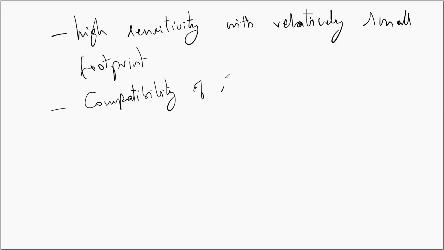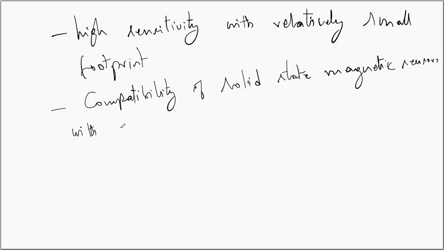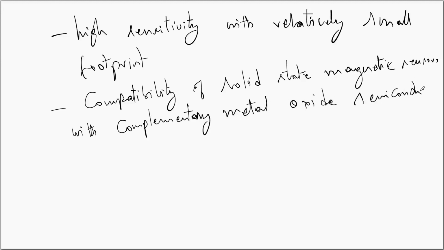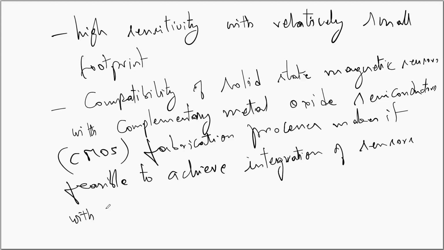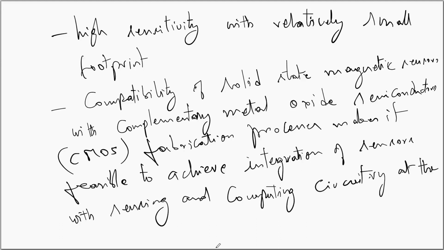The compatibility of solid state magnetic sensors with complementary metal oxide semiconductors, the CMOS fabrication process, makes it feasible to achieve integration of sensors with sensing and computing circuitry at the same time.